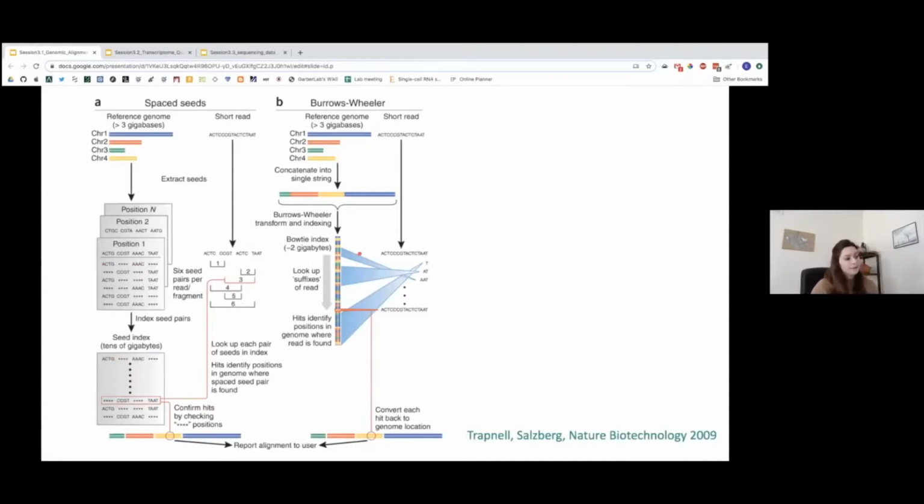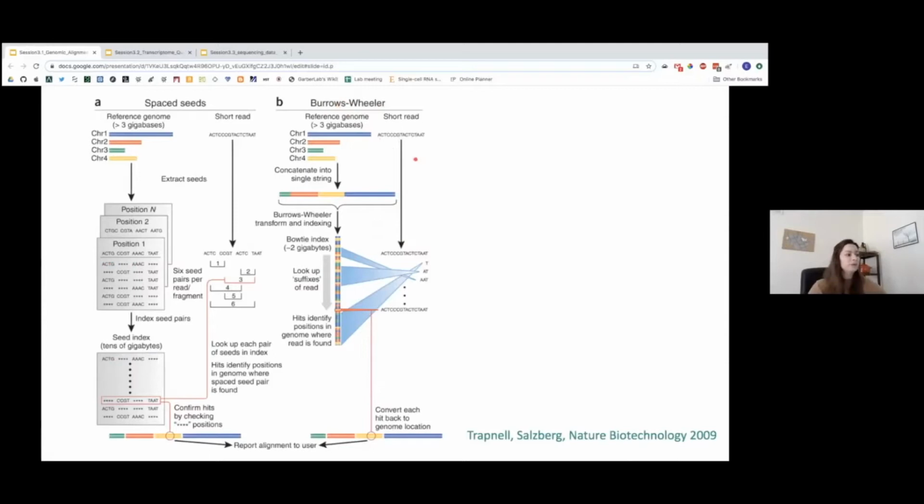So a strategy that has been used with success, and initially came from algorithms that are used to compress files, is called the Burrows-Wheeler transform. For example, Bowtie is based on the Burrows-Wheeler transform and is one of the mapping algorithms that we'll use the most.